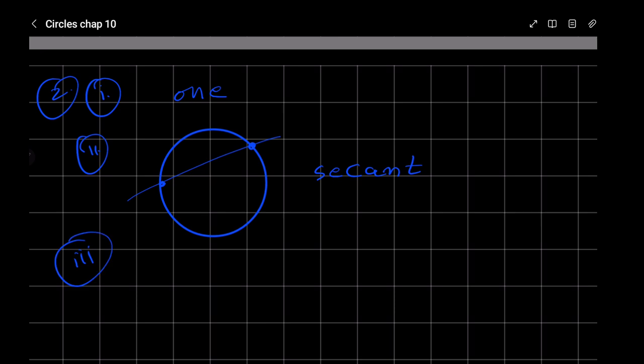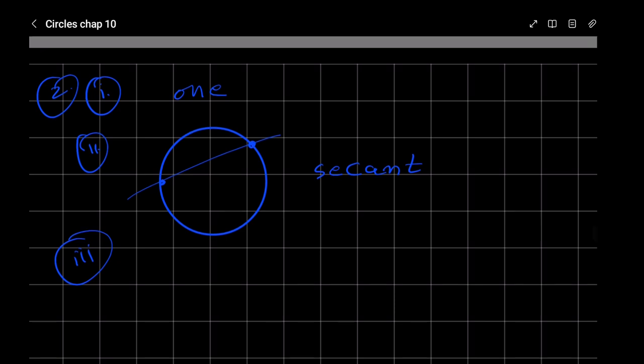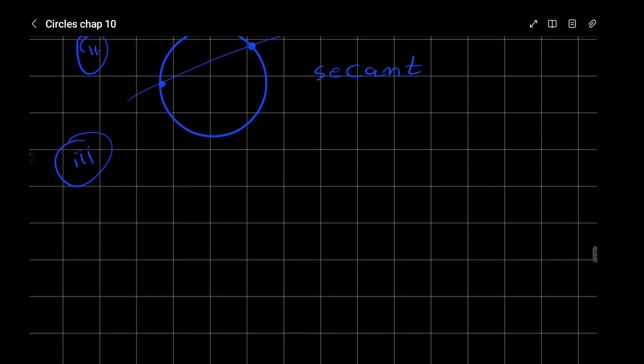A circle can have how many parallel tangents at the most? Let us have a look at that also. Let's make a circle here. And now, how many parallel tangents can a circle have?